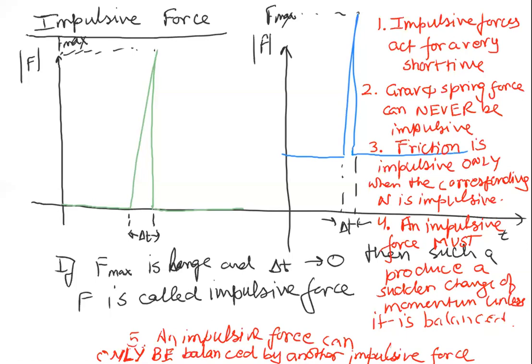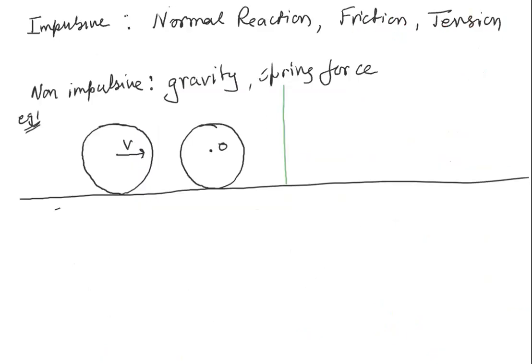Okay, impulse can be created by any force, but impulsive force produces a sudden change of momentum, sudden change of velocity. ये लिख लिया सबने, स्क्रीनशॉट ले लिया ना? चलो, now please answer.